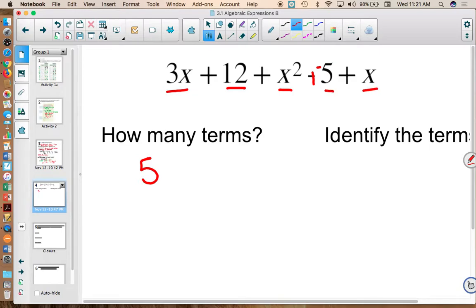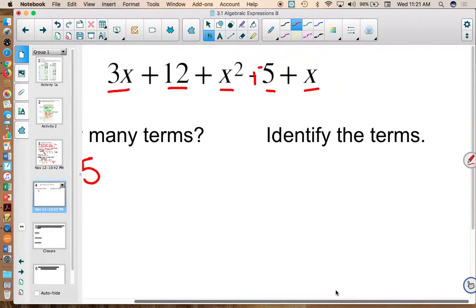Good. Now the next question is identify those terms. So in other words, you're going to list the terms. Somebody help me list the terms. John? 3x, 12, x squared, negative 5, and x. Good. Excellent.